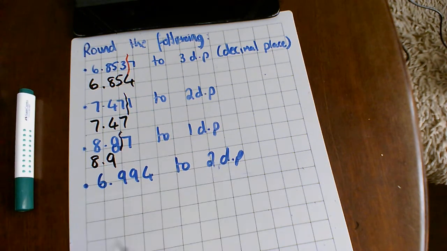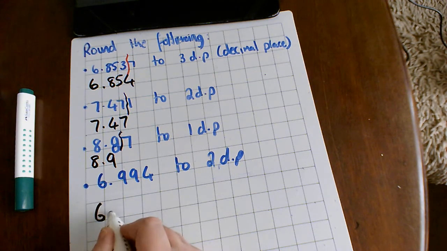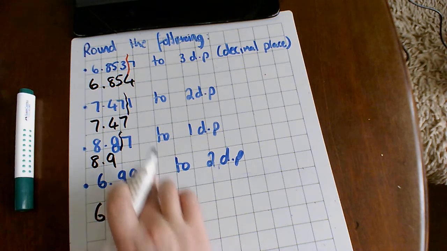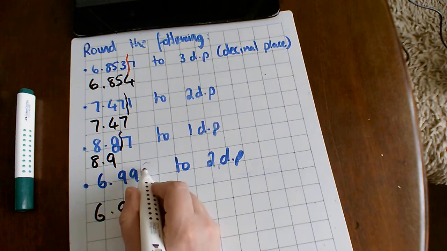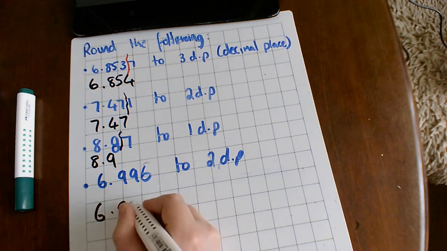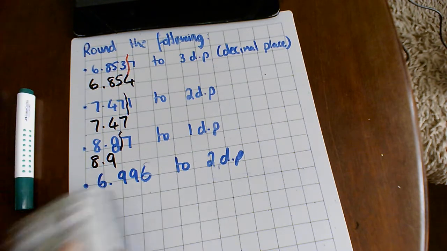Okay, and then you had more difficult ones, just showing you, just to be sure. This one is 6.9, and we'll change this to a 6 in a sec, just to make it a bit more difficult. So 9, 9, and then this would bring it up. So what you have to do is go back and rub that out.